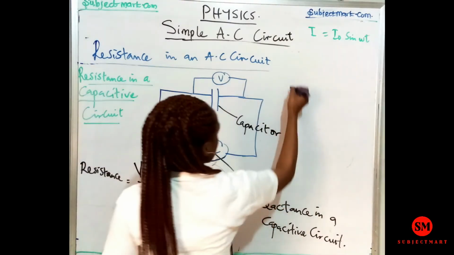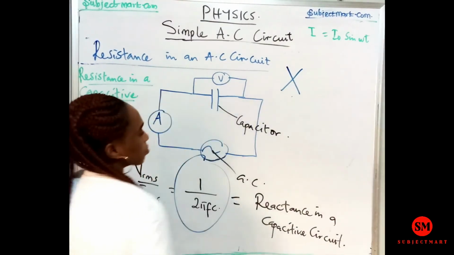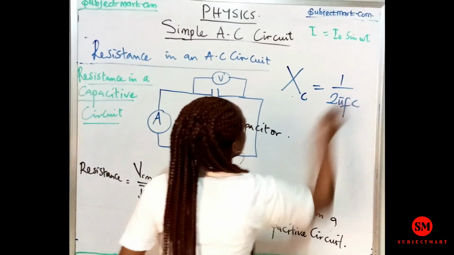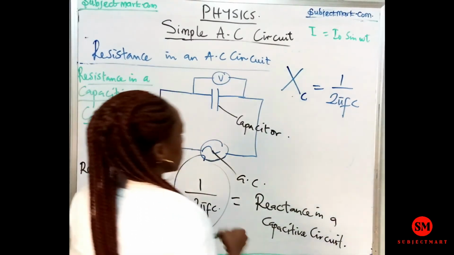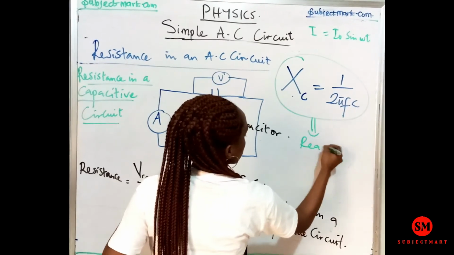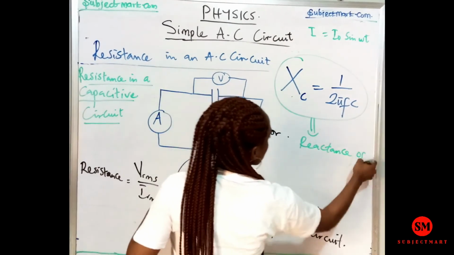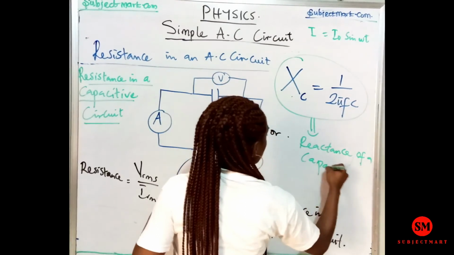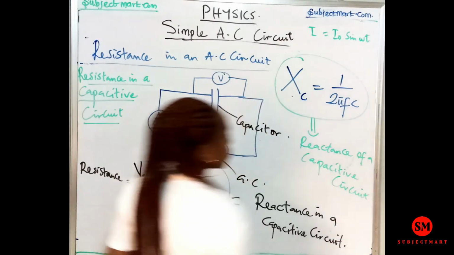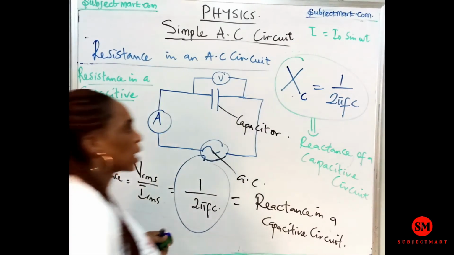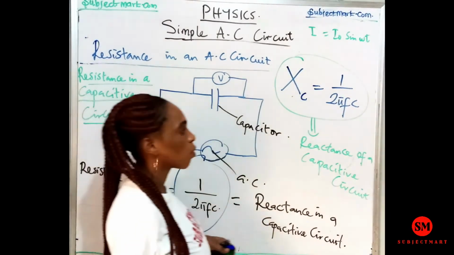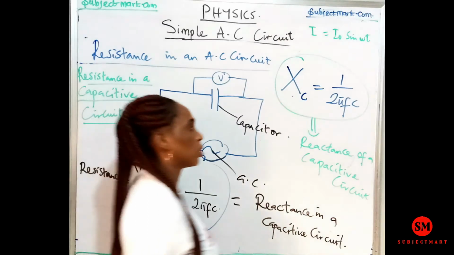So I'm just going to write it as X subscript C equals 1 over 2 pi FC. And this is what we call the reactance of a capacitive circuit, where C is the value of the capacitance.